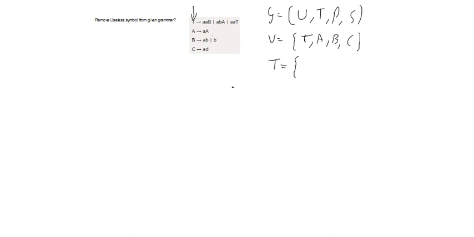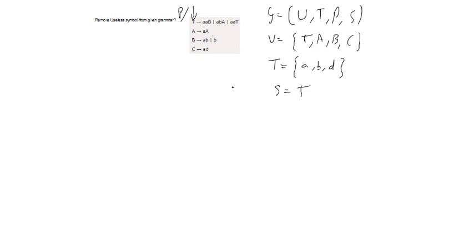In our example, small letter a, small letter b, small letter d are terminal symbols. Then the production rules are what is given as the grammar. Then the starting symbol we define as T. T is the starting symbol.